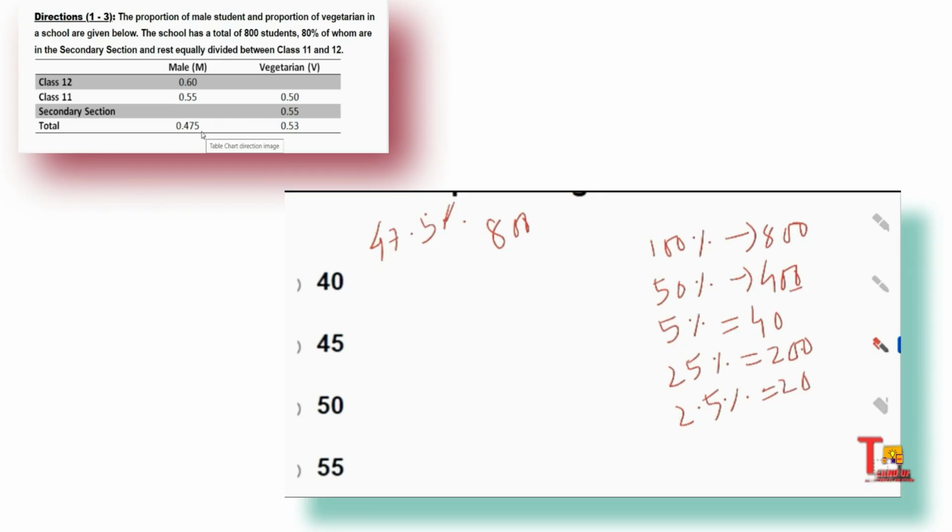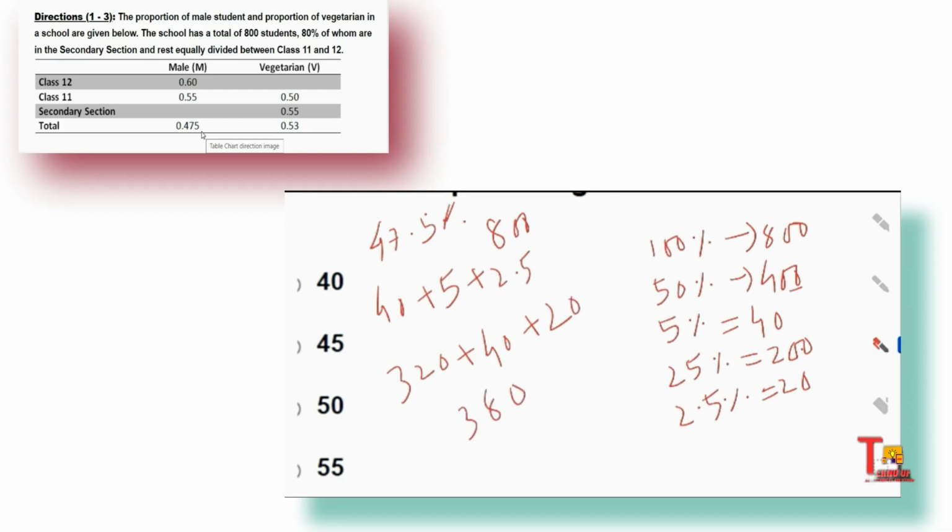So what is the 47.5%? You can divide this like 40% plus 5% plus 2.5%, right? So 40% is what? 4 8s are 320. Okay, 4 8s are 320. Okay, and then 5% is 40, and 2.5% is 20, right? So total is 320, 360, 380.